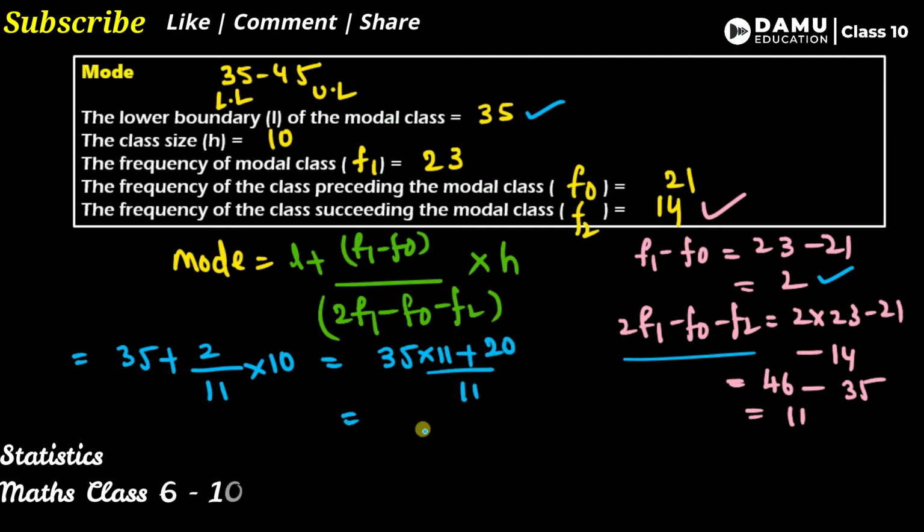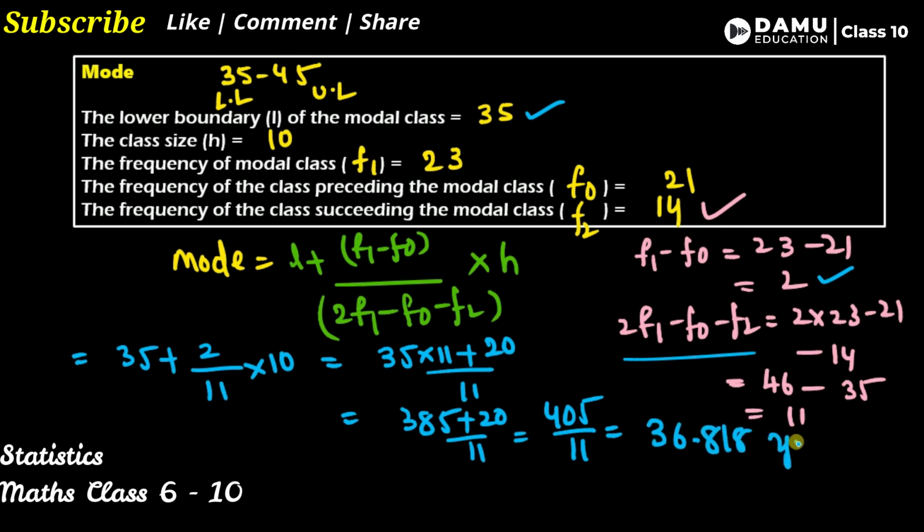So 35 into 11 is 385, plus 20, by 11. 385 plus 20 is 405 by 11. So 405 by 11, what answer do we get? We get 36.818 years. So this is the mode.